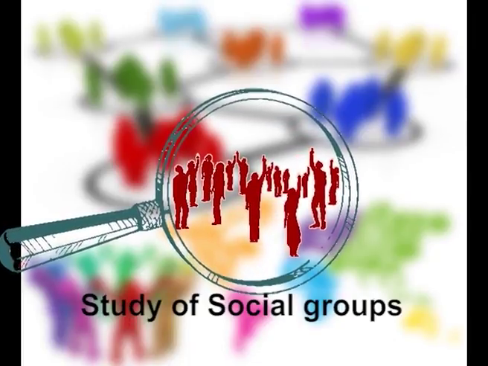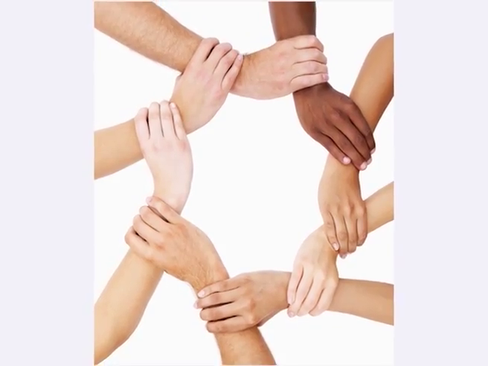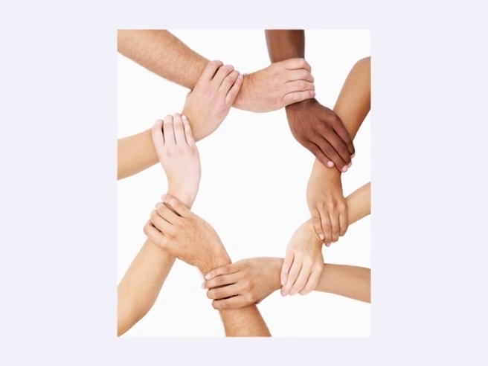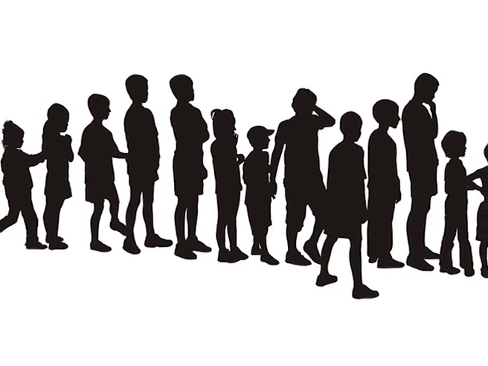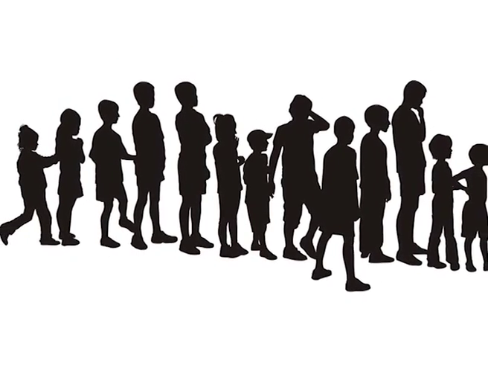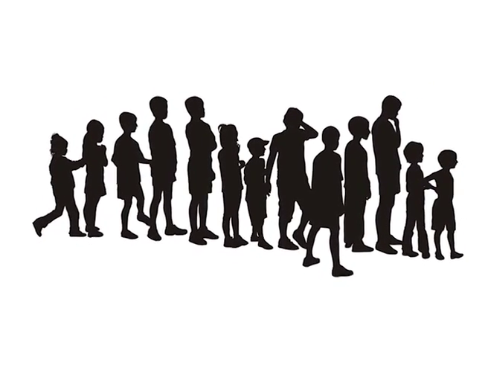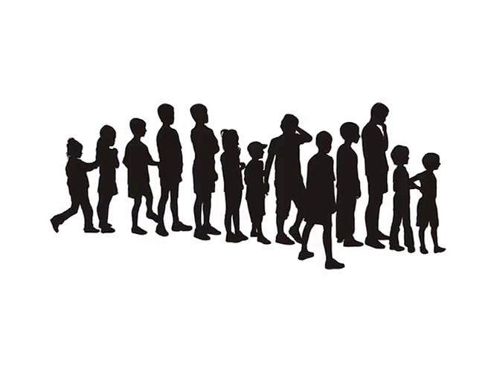A social group consists of two or more people who regularly interact and share a sense of unity and common identity. In other words, it's a group of people who see each other frequently and consider themselves a part of the group.